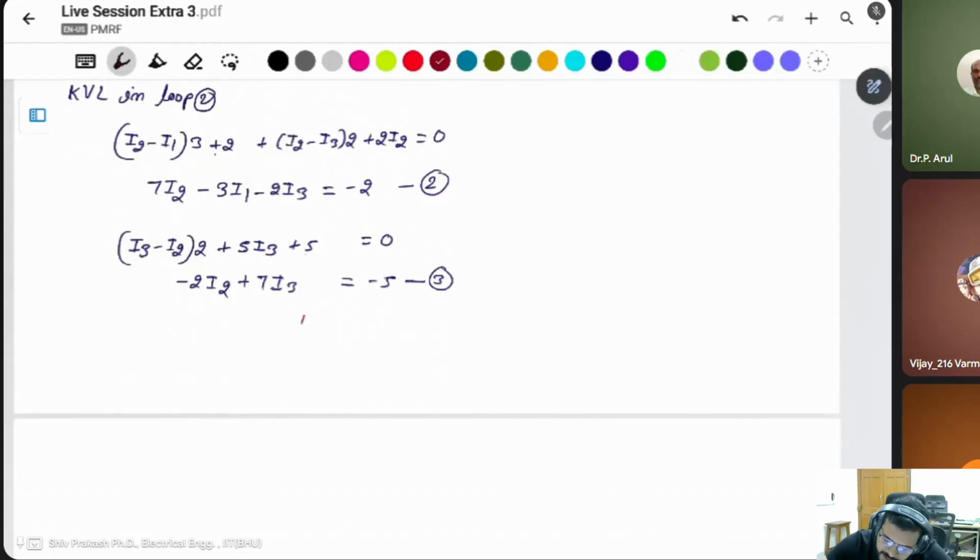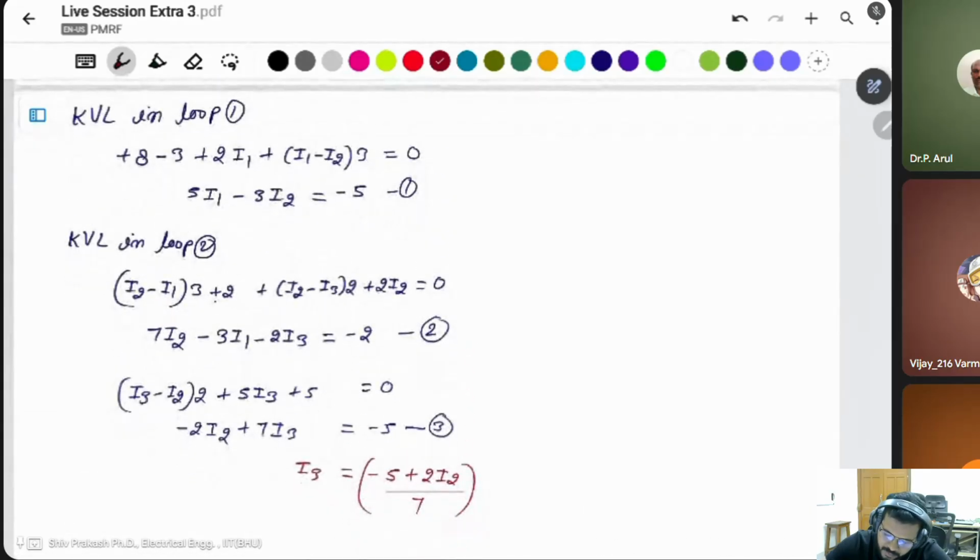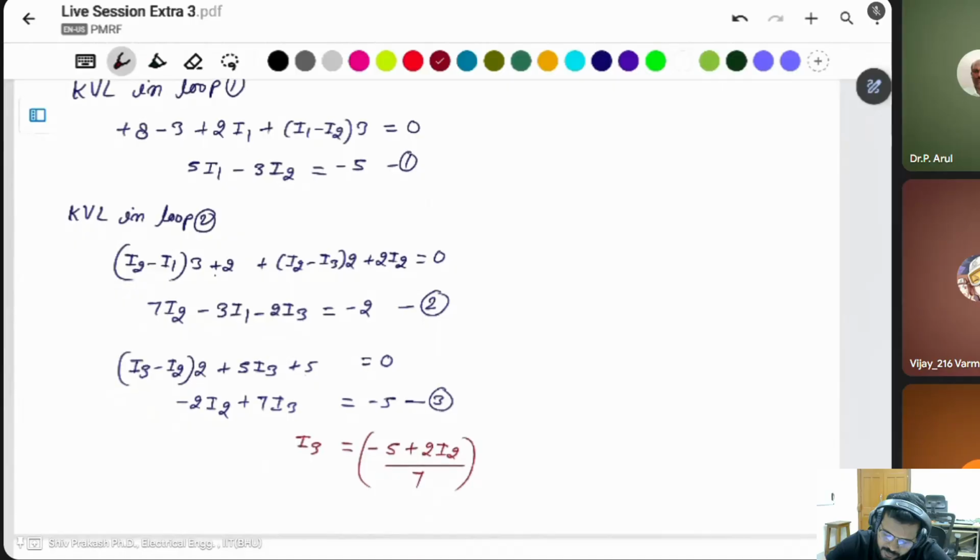Take the value of I3 here. What is this one? I3 is (minus 5 plus 2I2) divided by 7. And find the value of I1 from here. What is I1?